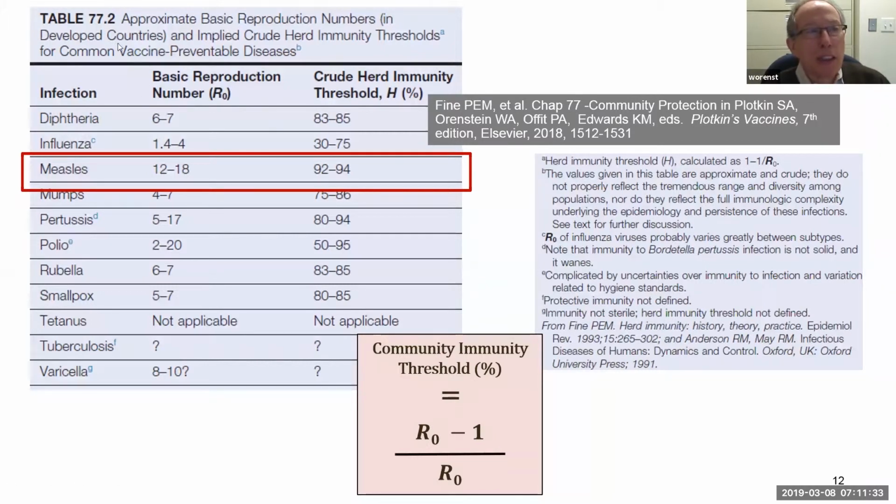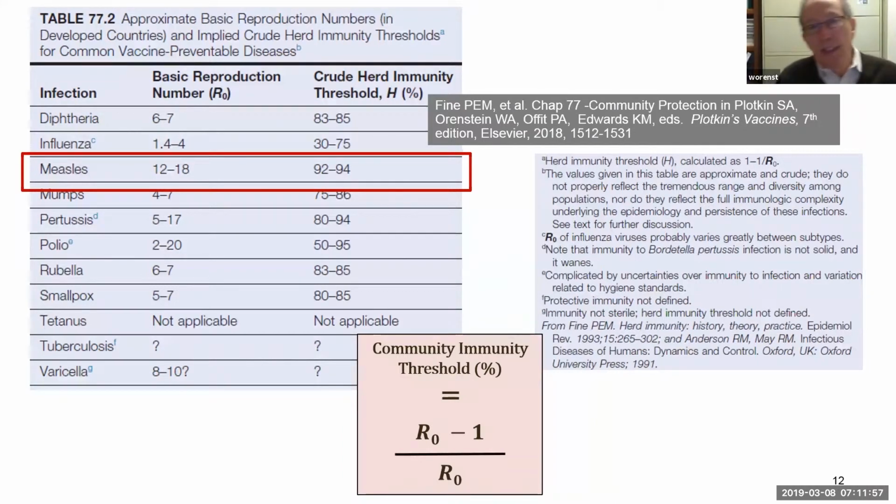And you can see here, if you look at the basic reproduction numbers for the vast majority of vaccine-preventable diseases, measles is at the top of the list. And it leads to calculation of a community immunity threshold, or herd immunity threshold. And that is (R0 minus 1) over R0.